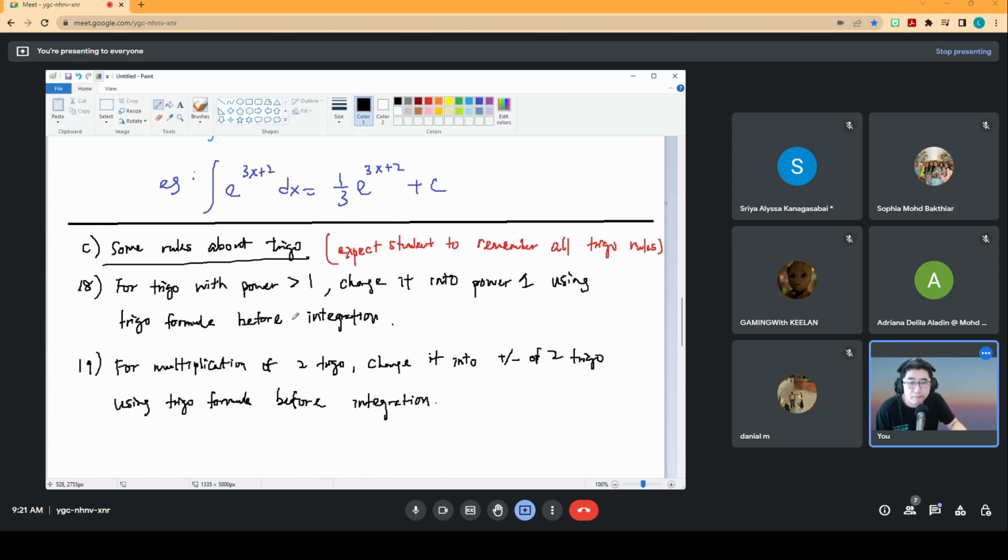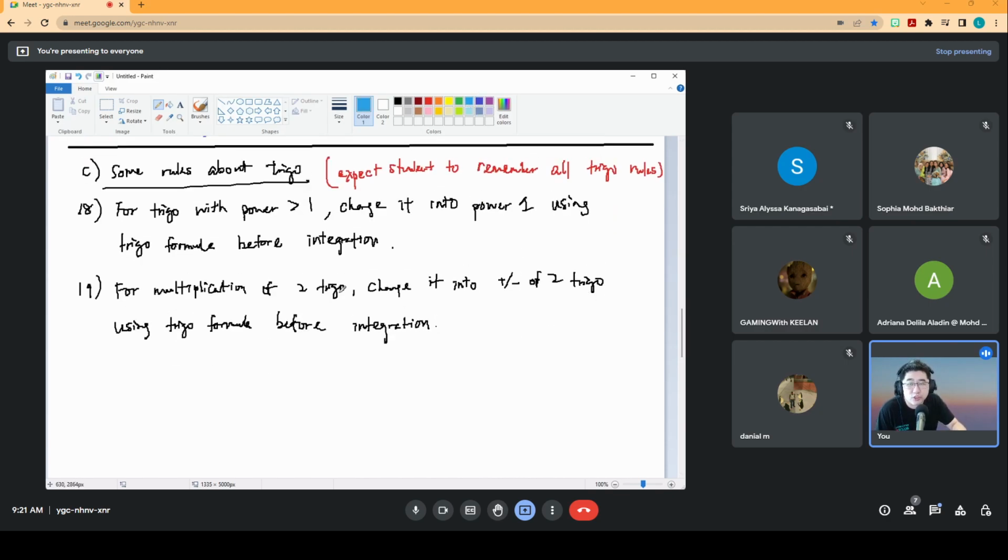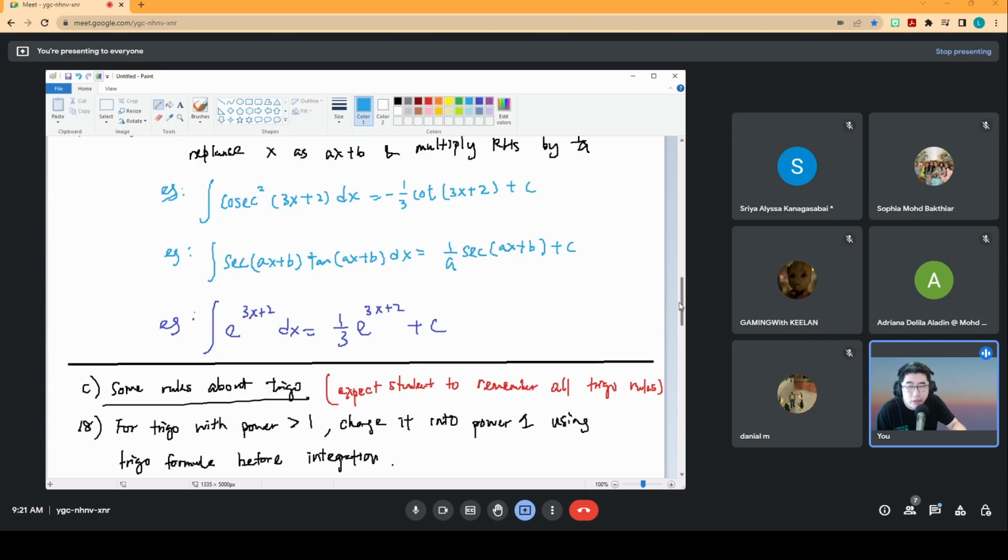So over here, what exactly happens in this type of question? For trigo with power more than 1, let's say I have a sine square x.